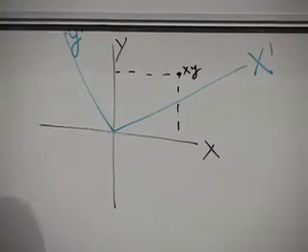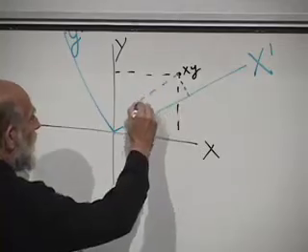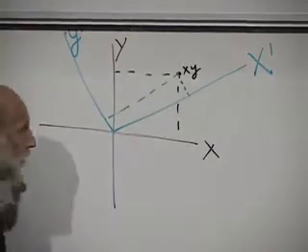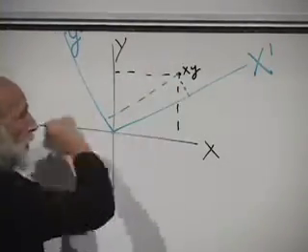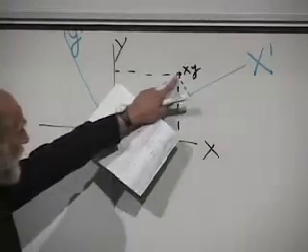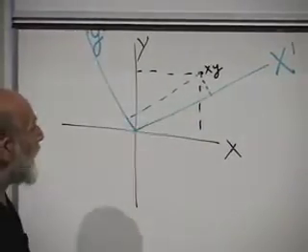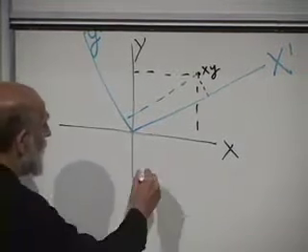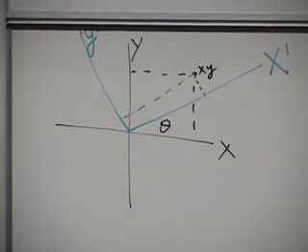The x prime and the y prime coordinates are found by dropping perpendiculars to the x prime and the y prime axis. So here's x prime, here's y prime, and given a point xy, there must be a rule. If you know the value of x and y, you should be able to deduce the value of x prime and y prime if you know the angle between the x coordinate and the x prime coordinate. And the formula is simple.